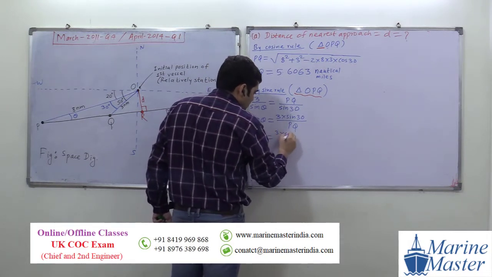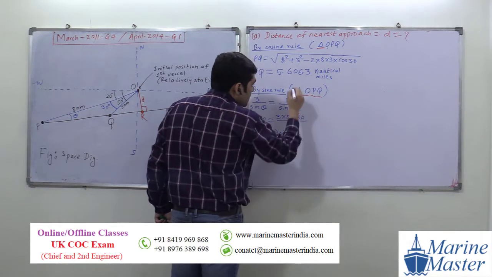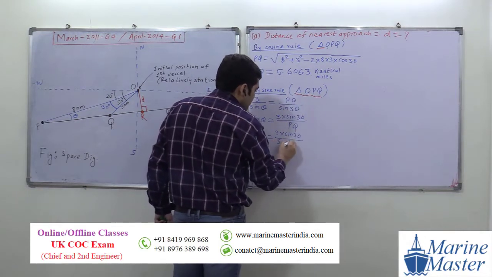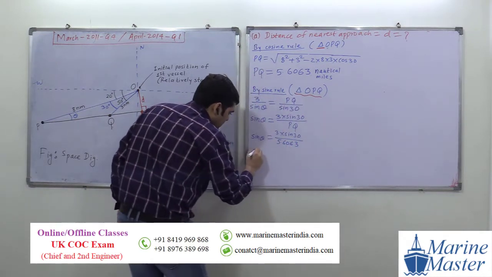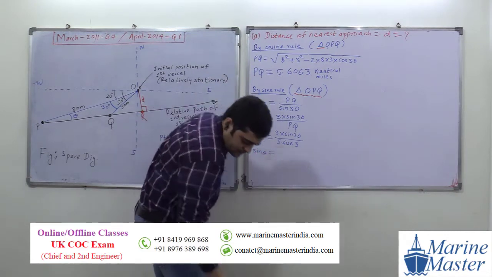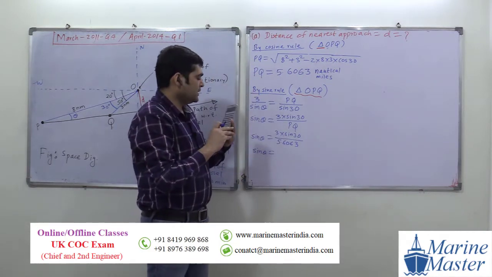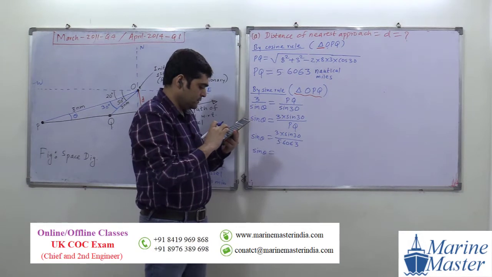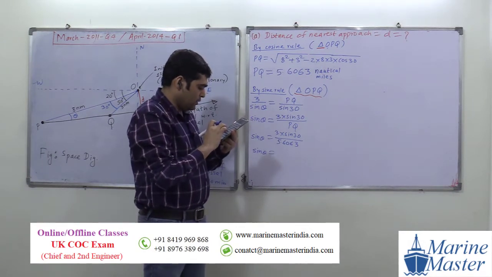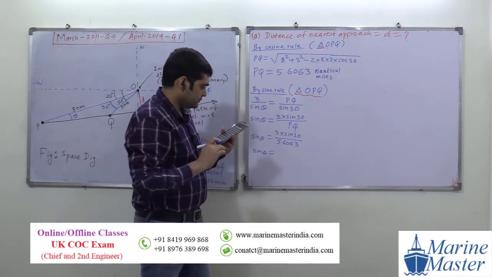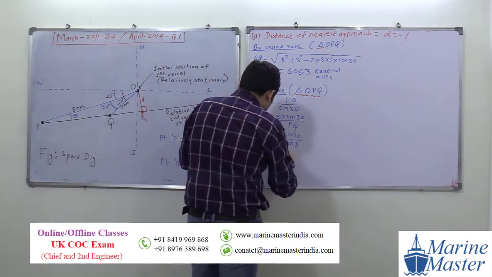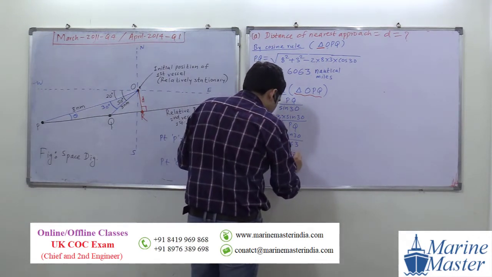Sine theta is equal to 3 into sine 30 divided by PQ. What will be the value of PQ? 5.6063. Check it out, have I made any mistake or not? 3 into sine 30 divided by 5.6063 is 0.2676.